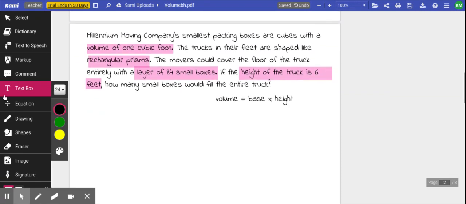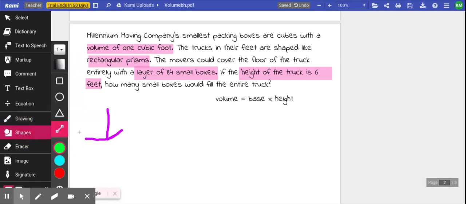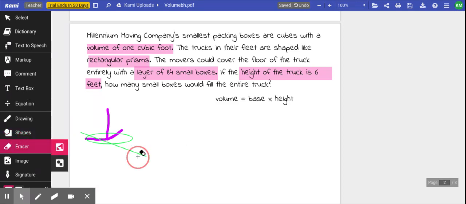And it tells us, if I drew a quick picture, it tells us the base of the truck, which is this bottom layer here. And I'm just going to mark this bottom layer here. I'll put a circle. The bottom layer of the truck, here in this circle, is 84 cubic feet.